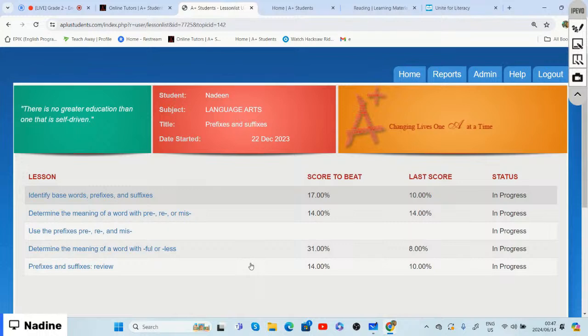We said that pre means before, re means again, and miss means either wrongly, poorly, or incorrectly. And once you add these three, pre, re, or miss, to the base word, it is the prefix and it changes the meaning of those words.